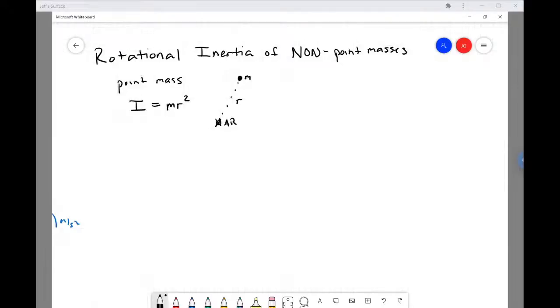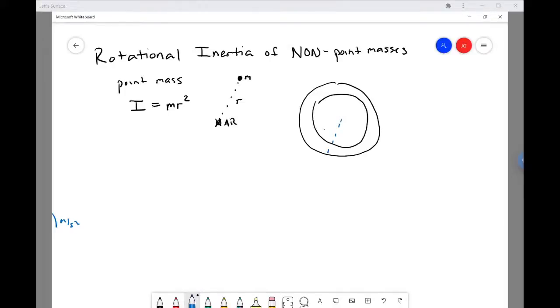But for a situation like, let's say you have an actual wheel, and the wheel has rubber on the outside. Don't try to use a wheel that looks like that. Get your money back if your wheels look like this.